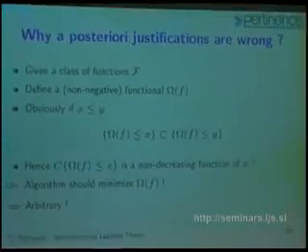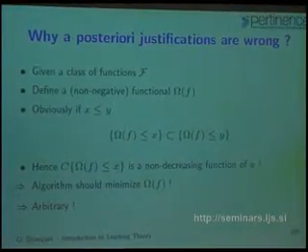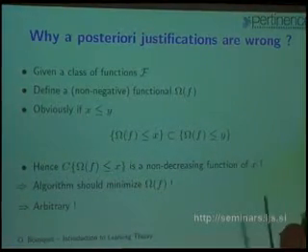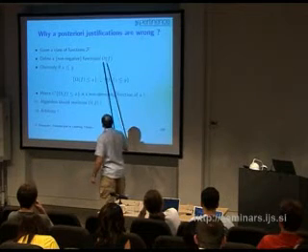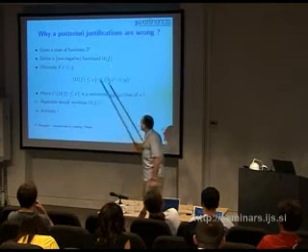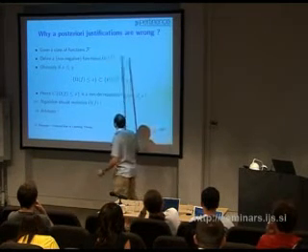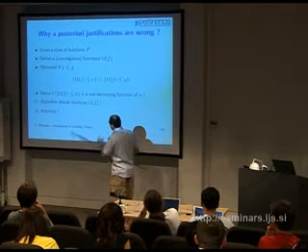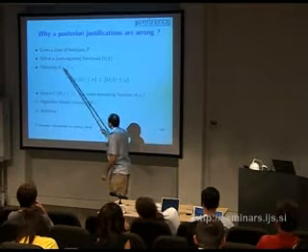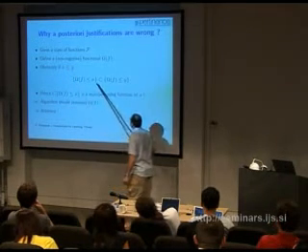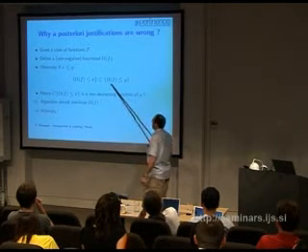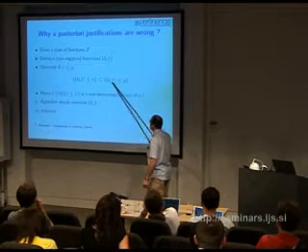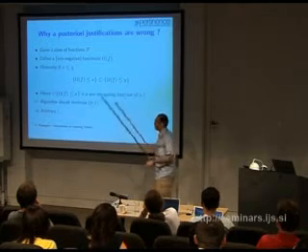So why is that wrong? Here is a trick. You give me a class of functions, and I define on this class some functional, something that takes a function and gives a number. If I take two values, x smaller than y, the set of functions for which the functional is less than x is obviously included in the set of functions for which the functional is less than y.